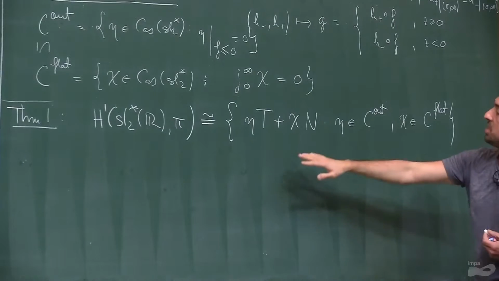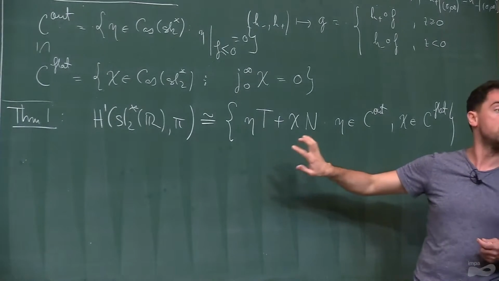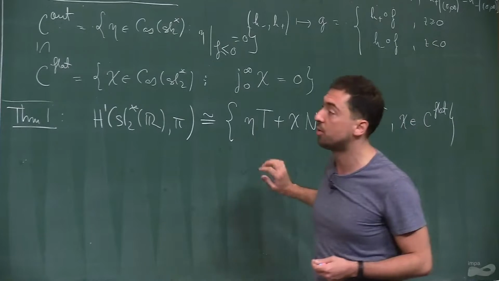Right, so by this I mean that every class has a unique representative of this form.